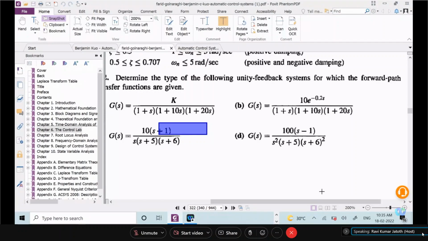Can any one of you tell me what the exponential series is? The expansion is 1 minus 0.2s plus (0.2s) whole square by 2 factorial, and so on.